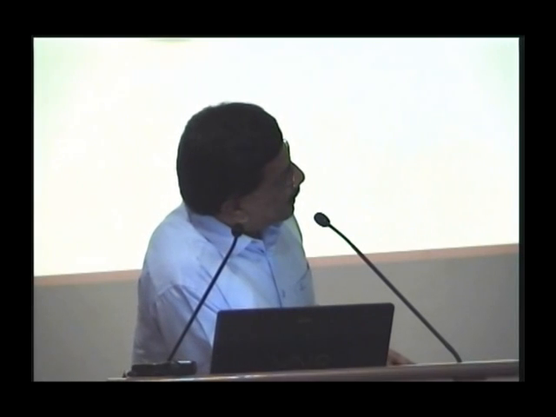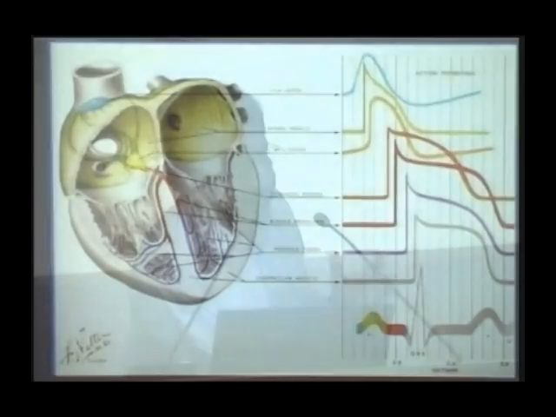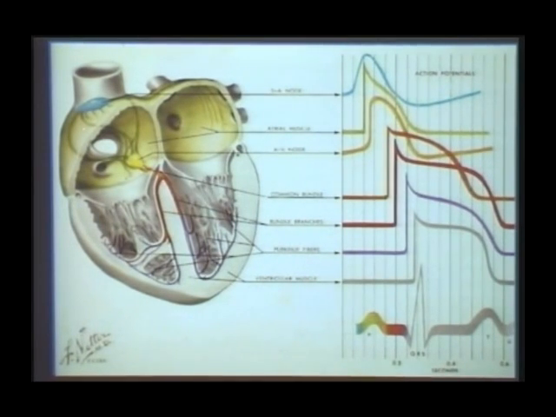The action potential is actually the recording of the electrical activity of individual muscle cells in various portions of your heart. For example, you can look at the sinus node action potential. You can see that spontaneously the diastolic depolarization rises to reach the threshold potential to fire an action potential.